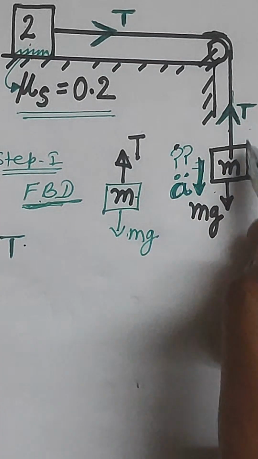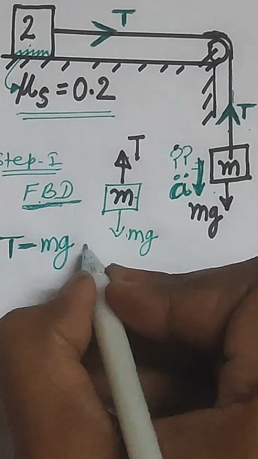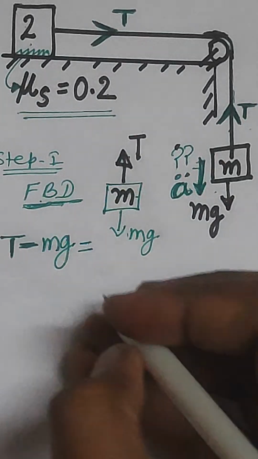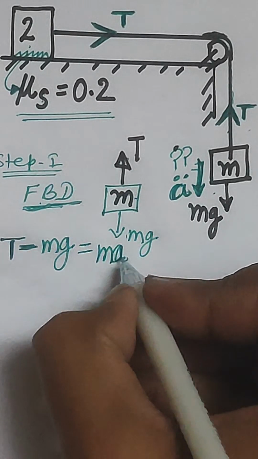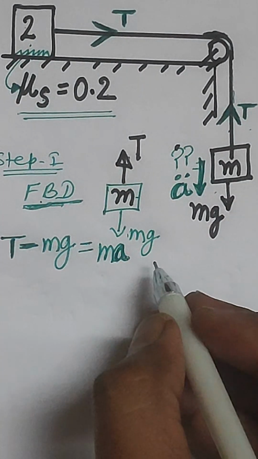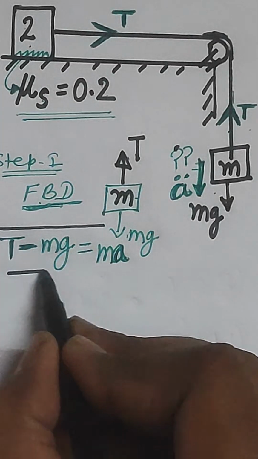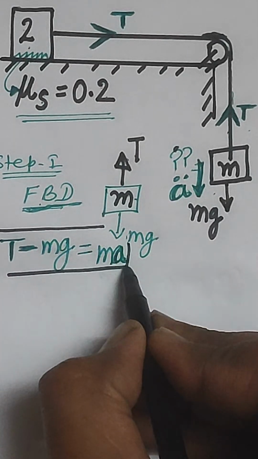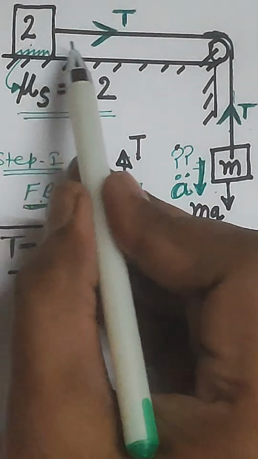So T minus mg should be equal to m into a. Though here a is 0, this equation is valid when the mass will be moving or the block will be sliding.